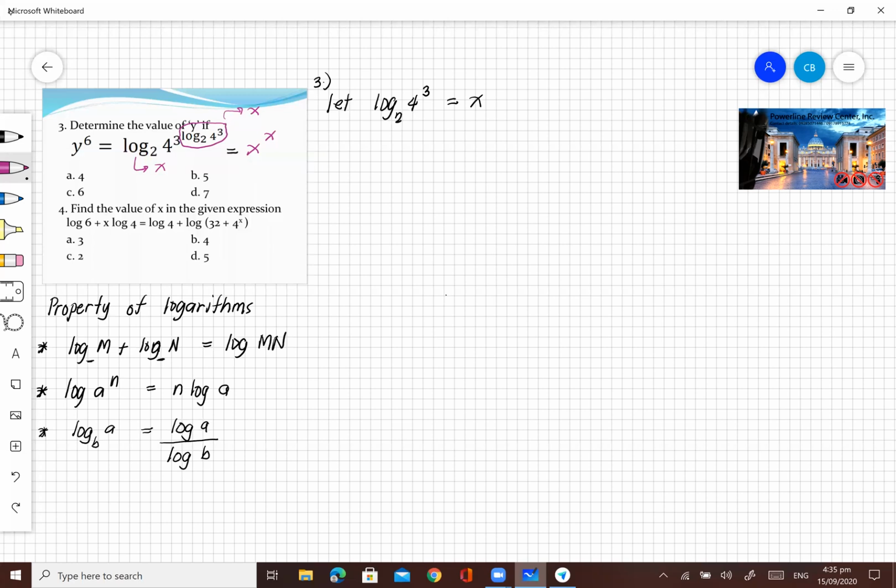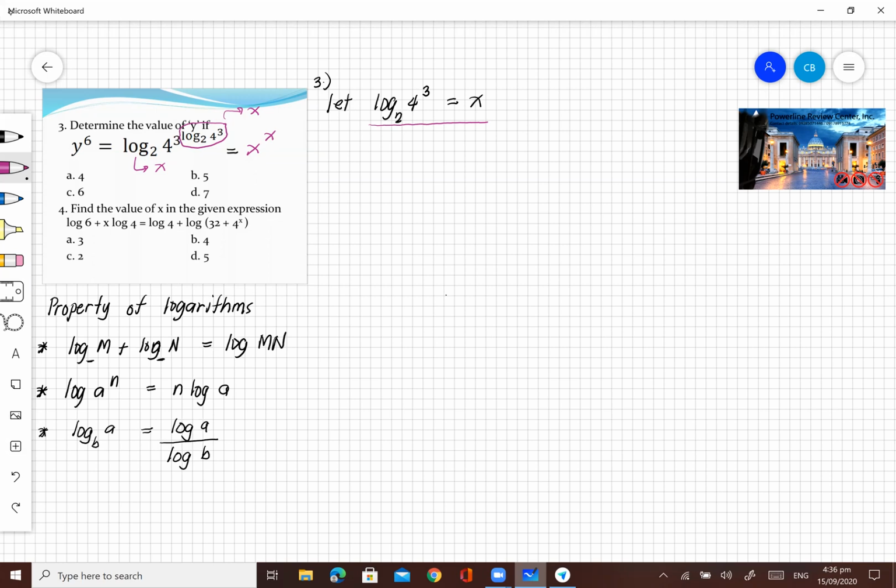Tama ba? So, sir, bakit nyo ginanyan? So, para mas madali na lang na after we have found the value of X, makikita na natin kung anong value ng Y. Okay? So, paano natin kukunin yan? So, let us just try to analyze this given equation.